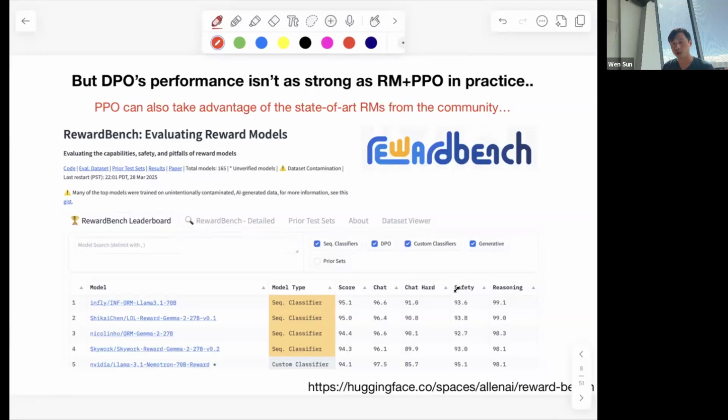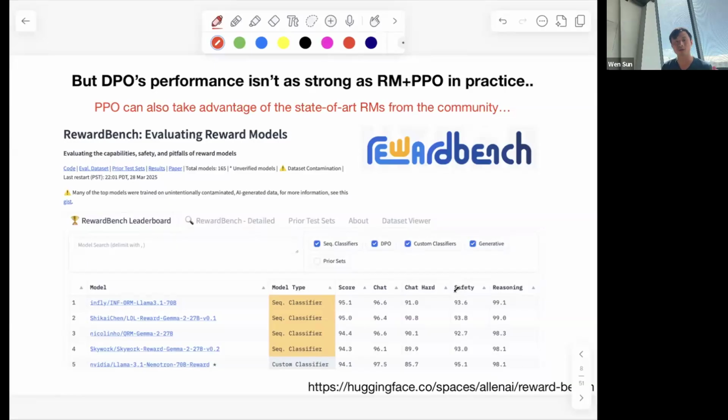And if you want to do RLHF, maybe you don't even need to train a reward model from whatever small preference data you got. You can go to this benchmark and pick the one that works for your application, or just pick the state-of-the-art model from this benchmark, and then do online RL on top of it, right?